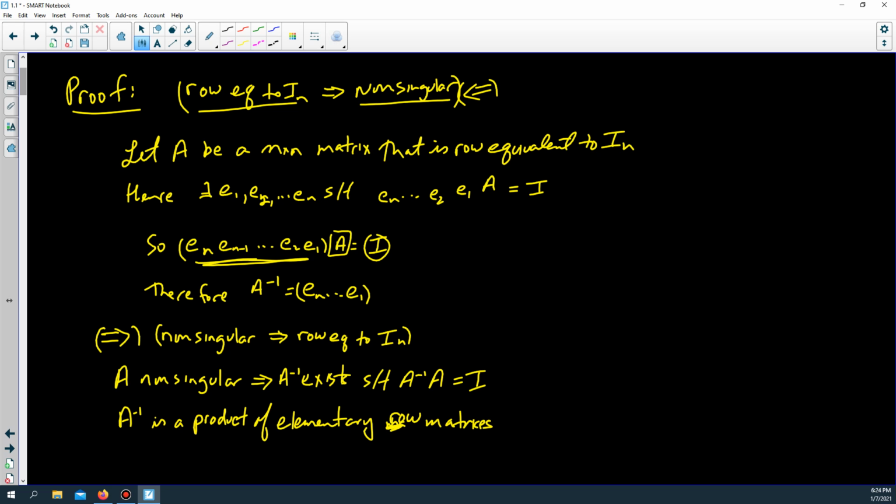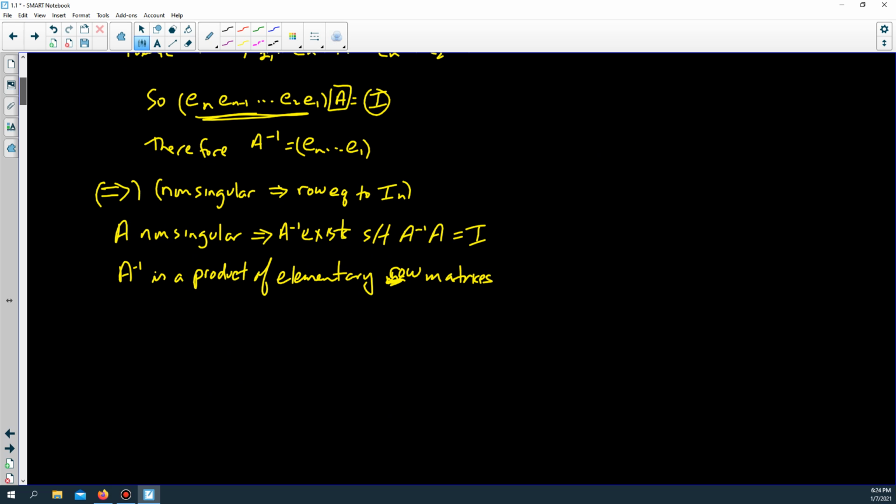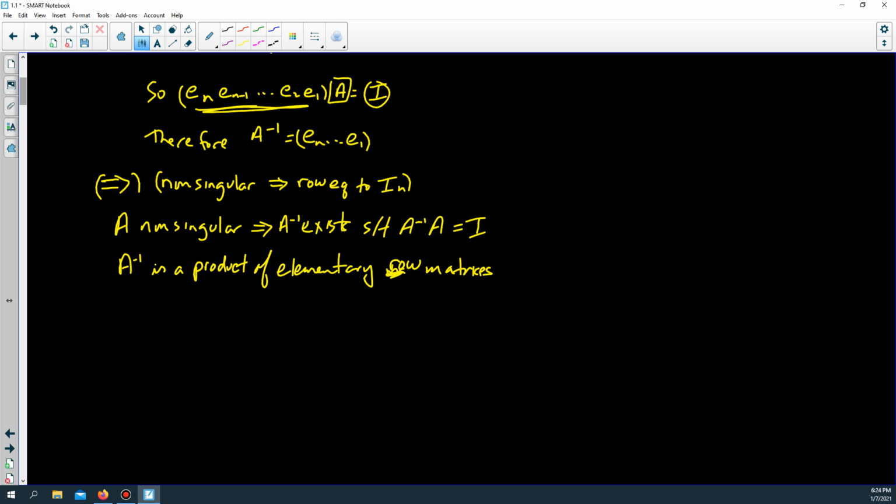Okay, so what does that mean? That means A inverse, I won't use the same letters as before, it is equal to elementary row operation 1 times 2 up to m.